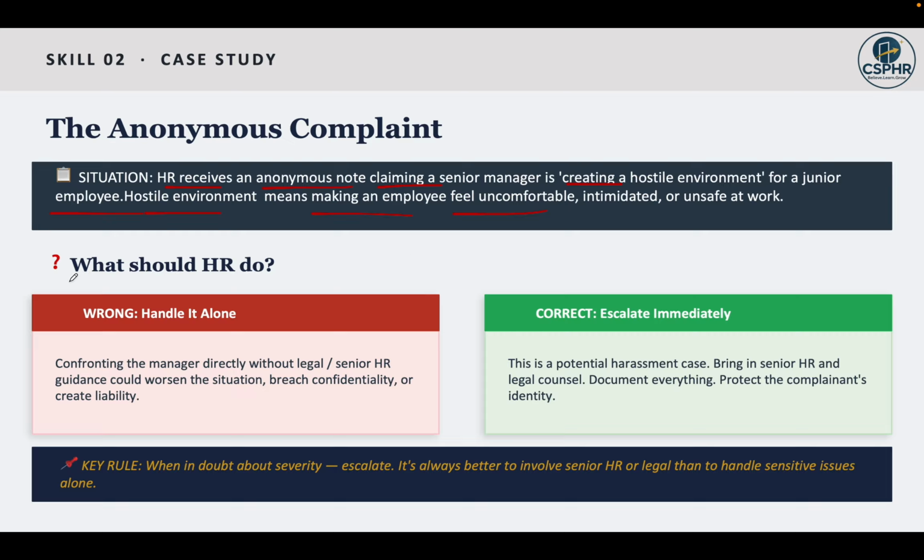So in that case, you can't handle this problem alone. Okay, you have to escalate immediately because it's a serious issue. Okay, bring in the senior HR, legal counsel, document everything, and protect the employee's identity also. And when you feel that this is a serious issue, then you have to involve someone so that you can solve the employee's problem properly.